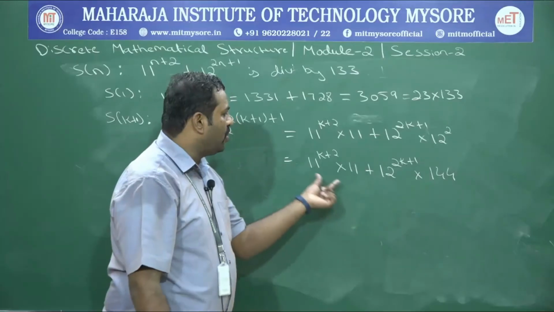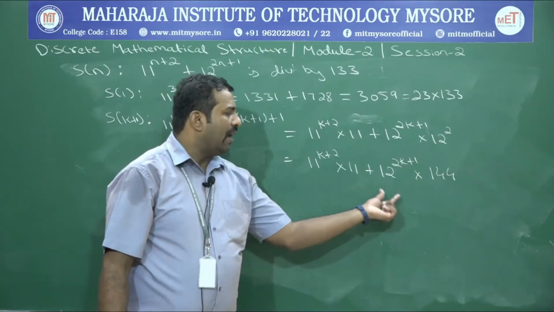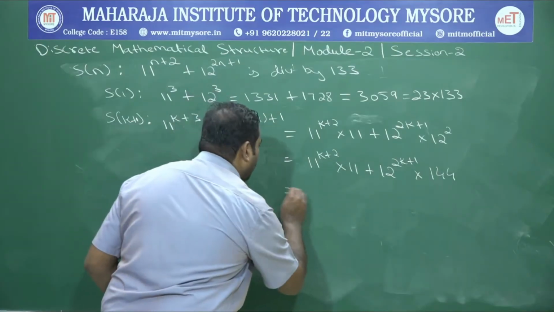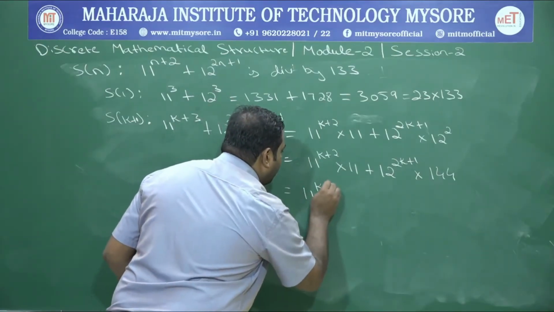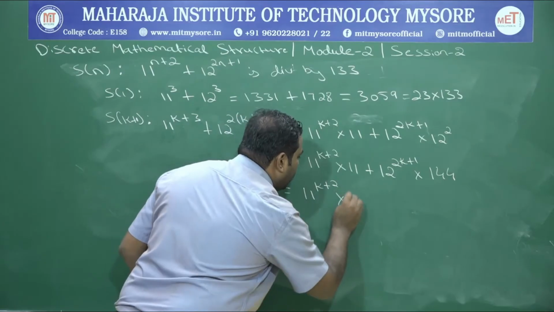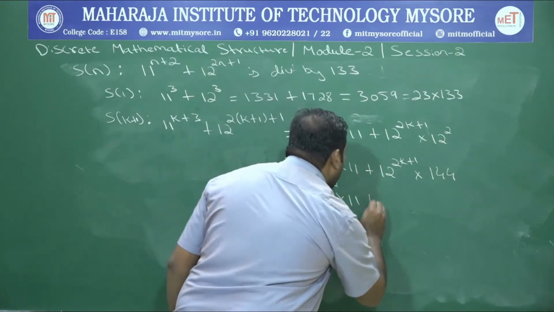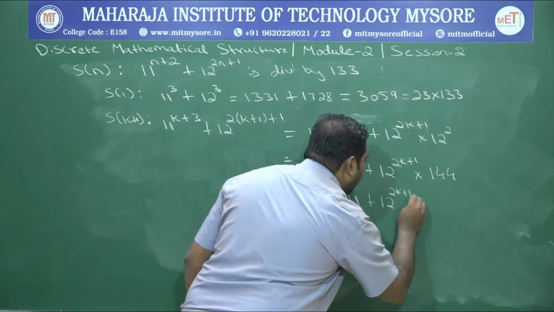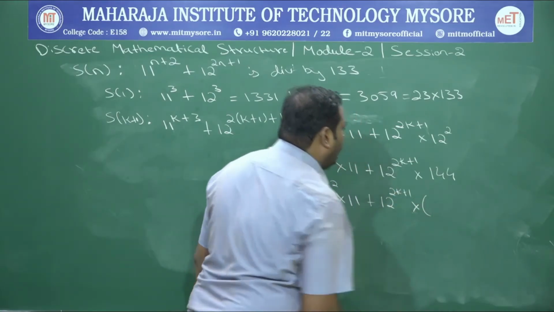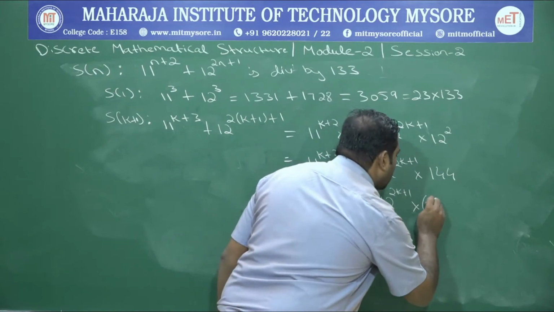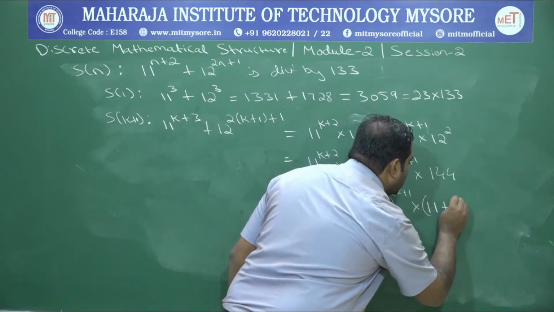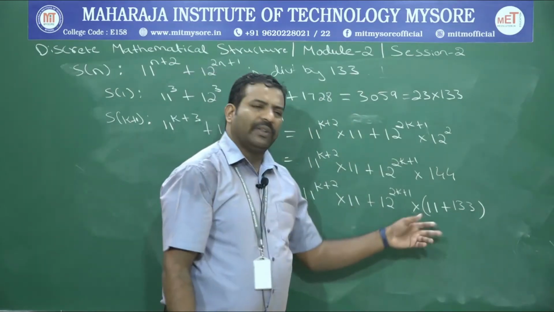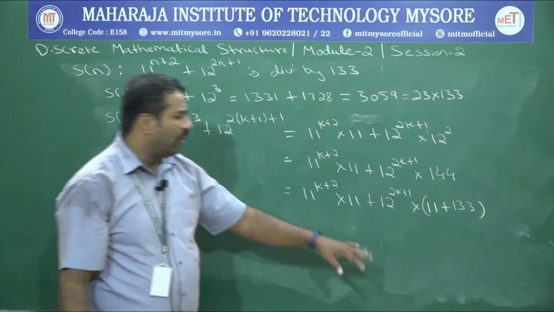Once I have this number, it can again be written as, I'll just show you, 11 to the power of k plus 2 into 11 plus 12 to the power of 2k plus 1 into, I am going to write this as 11 plus 133, or even I can write it as 133 plus 11. Both are the same.